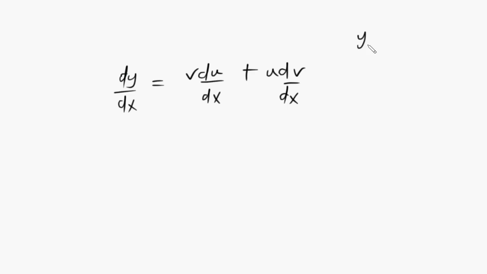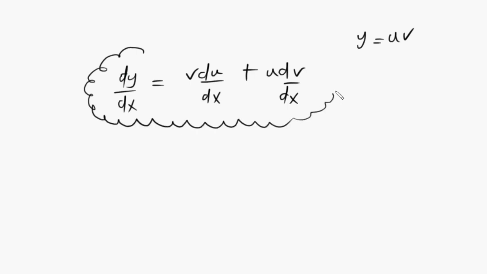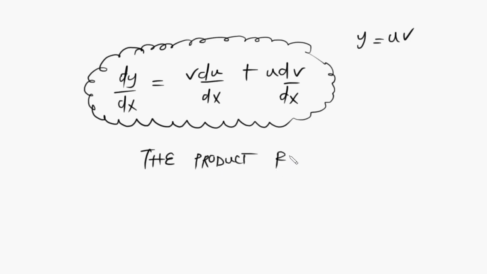Remember the function was y equals uv. This is what we call the product rule. You should memorize this one. Always remember this one.